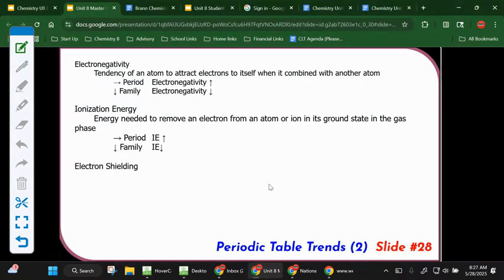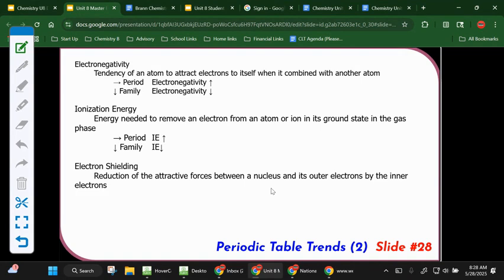All right. Electron shielding. Okay? Electron shielding is, well, let's put the definition up there and then kind of explain it to you. It is the reduction of attractive forces between the nucleus and outer electrons by the electrons that are in between. So in other words, the valence electrons are attracted to the nucleus.